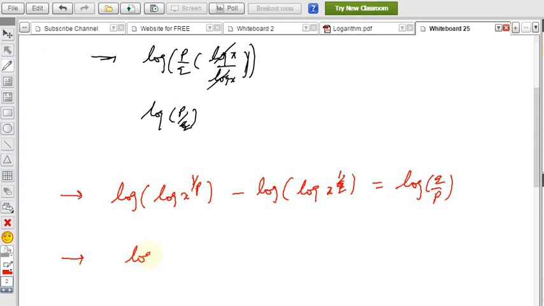Then log of y to the power m base x to the power n, this you can write as m by n log y to the base x. The power m comes in front, m by n log y to the base x.